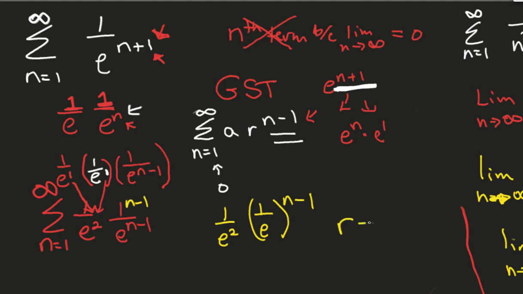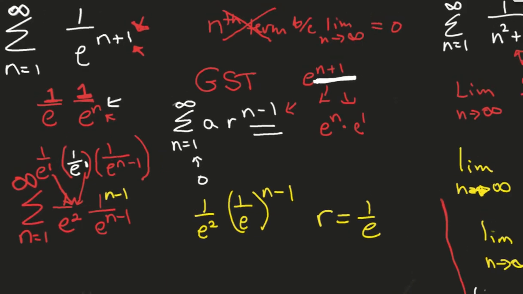Now the question is, does that converge or diverge? That goes to infinity, so it's greater than 0. This one is compared to 1. So if the absolute value of r is less than 1, it converges. But if it's greater than or equal to 1, it diverges.